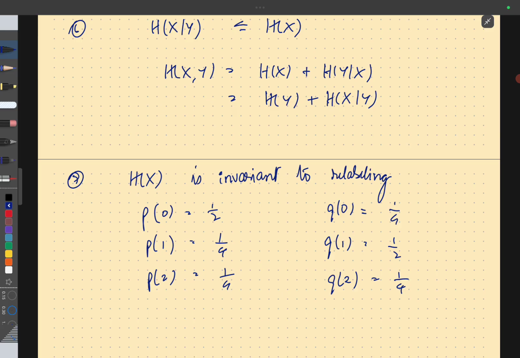Both these distributions have the same entropy. So it doesn't matter which symbols correspond to which probability. If you have the same collection of probability values, the entropy remains the same.